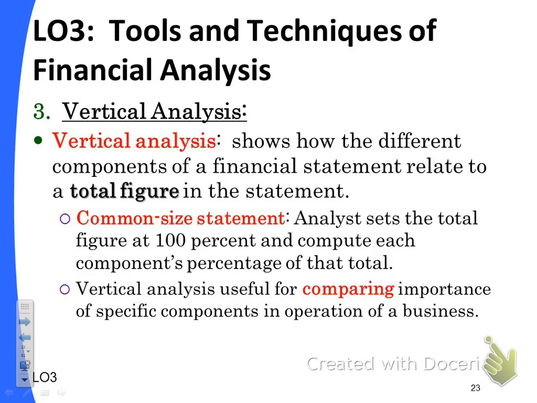Okay, just look at it up here. Okay, so what do we see? What's the most significant percentage of assets in 2009 for this company? Property, plant, and equipment, okay? And then current assets were the second most significant percentage.